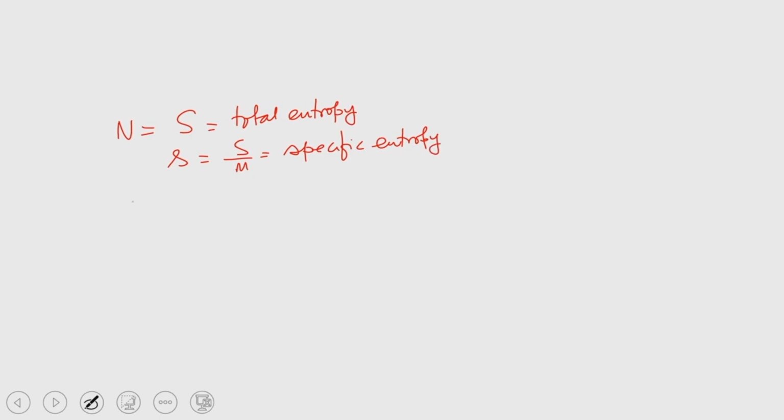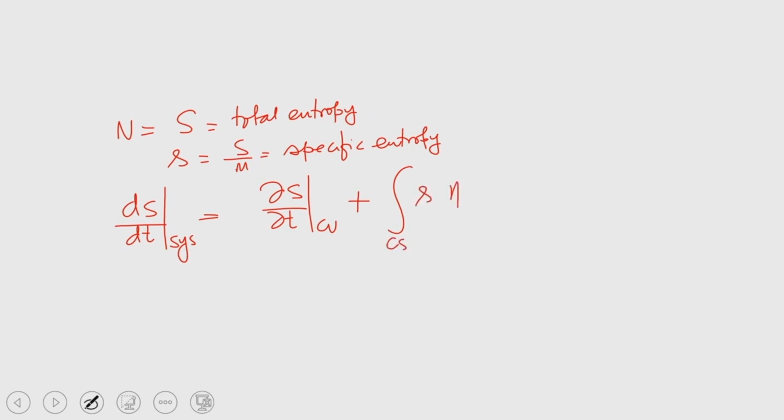So, we can write that dS/dt for the system equals dS/dt for the control volume plus the integral over the control surface of s rho V dA.